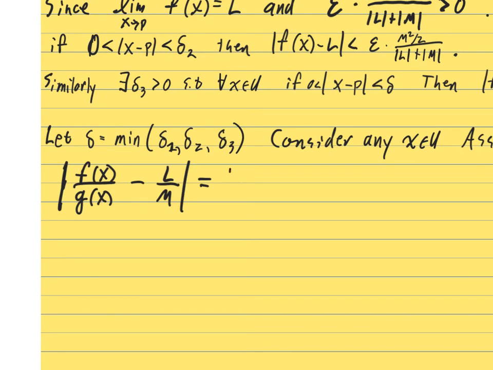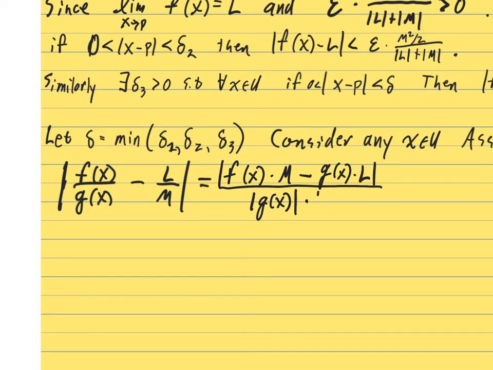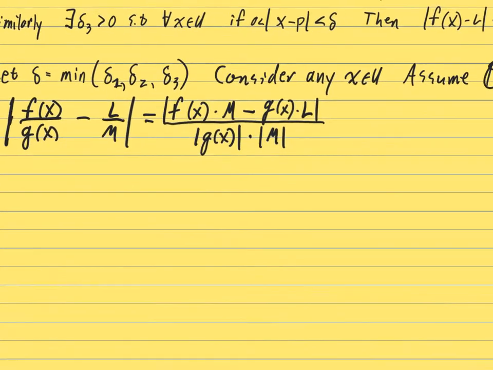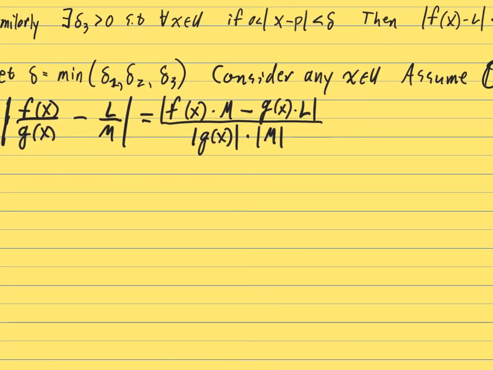Is equal to f of x times m minus g of x times L all over absolute value of g of x times absolute value of m. And I know that this is, let's do the analyses that don't have to do with delta first. There's more than one order you can do these things in.